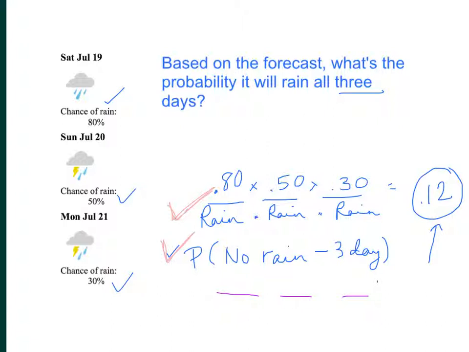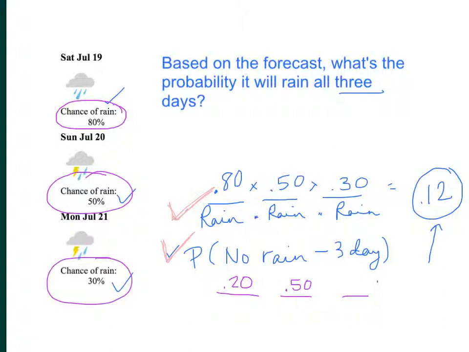Probability that it does not rain on Saturday. Well, I'm going to use the rule of complements for that. The complement of 80% is 20%. Together, that makes up 100%. So there's 20% chance that it will not rain on Saturday. There's a 50% chance that it will not rain Sunday. And there's a 70% chance that it will not rain on Monday.